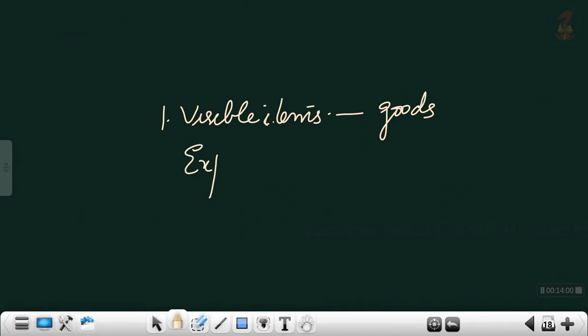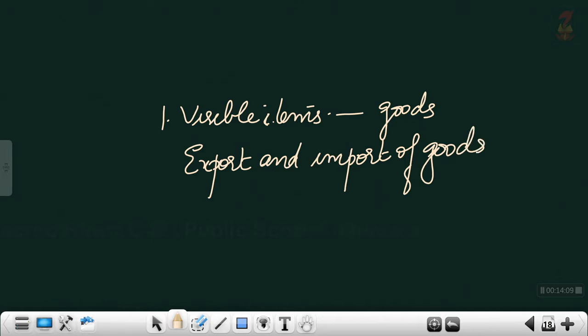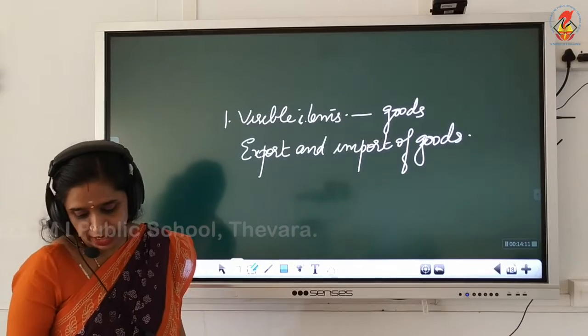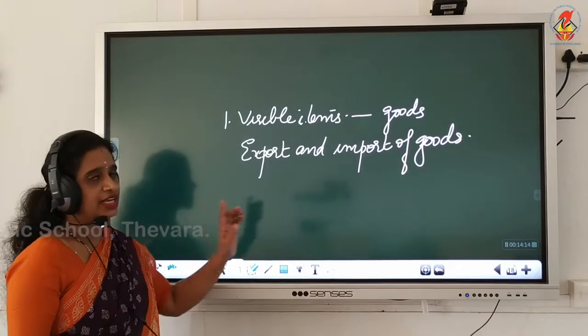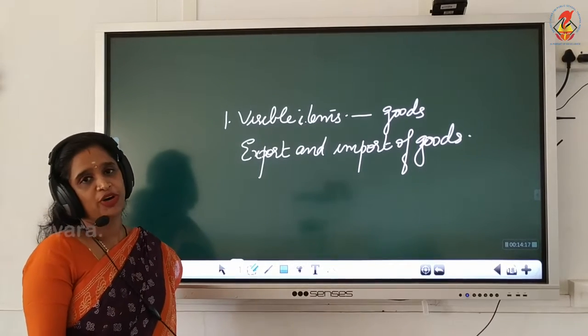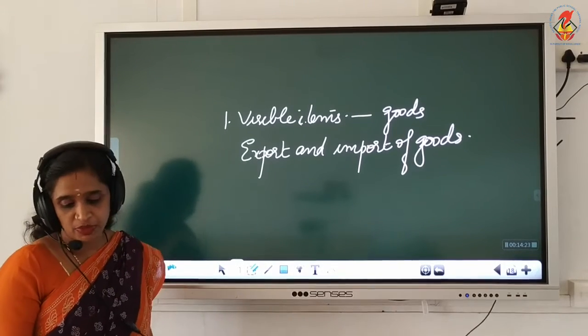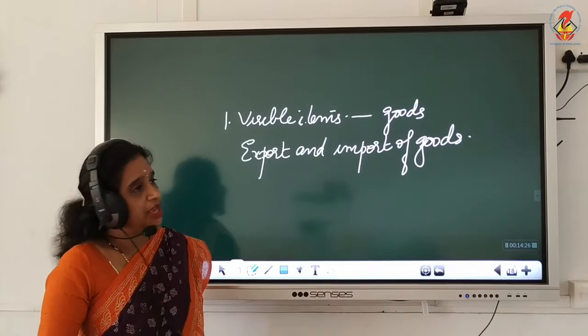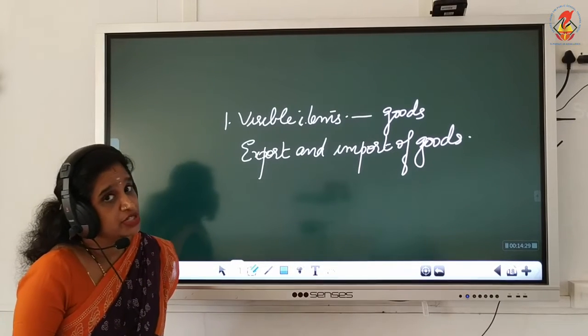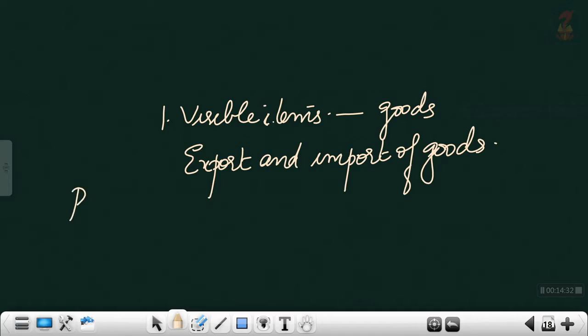So when we write, what should be specified here? Export and import of goods. Now, when we write about export and import of goods, what points should be written? Point number 1, payment for imports.